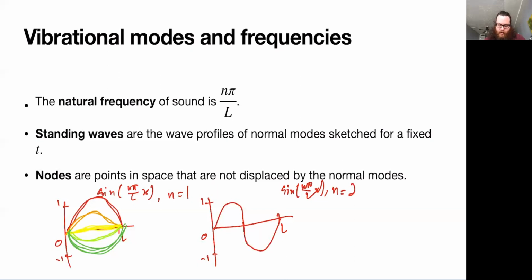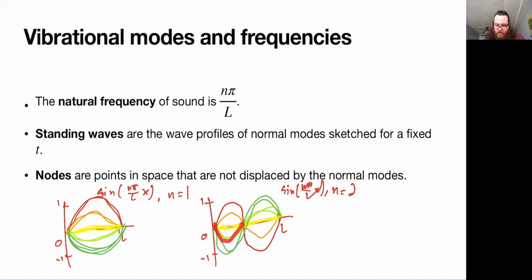But we can play the same game, right? As time evolves, the profile will look like that. As time evolves a little more, it's going to look something like this. As time evolves more, it's going to look something like this, and like that.